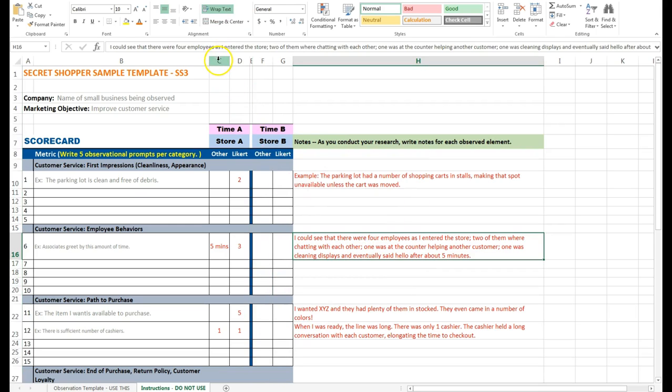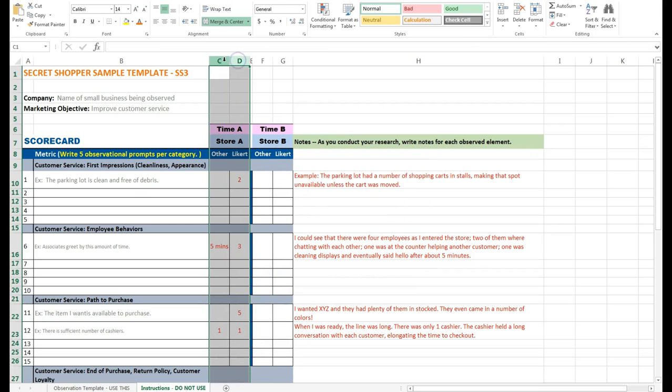Okay, so within the column set, there are 2 columns. One that says Other, and the other one says Likert. Let me focus your attention on Likert. Likert is a measuring scale that allows the observer to measure the degree to which they agree to a particular prompt.